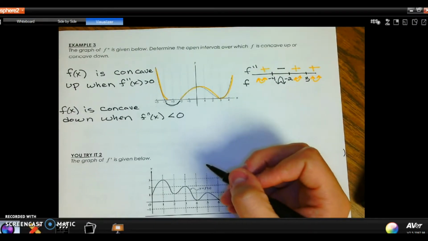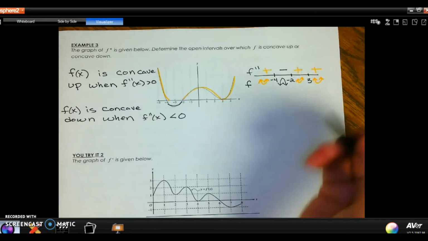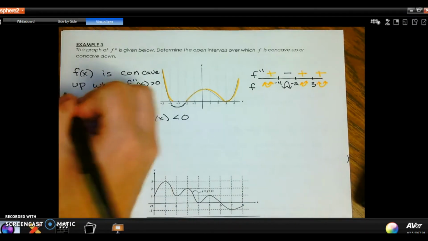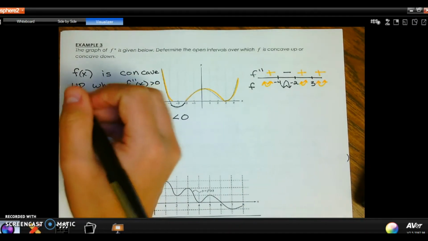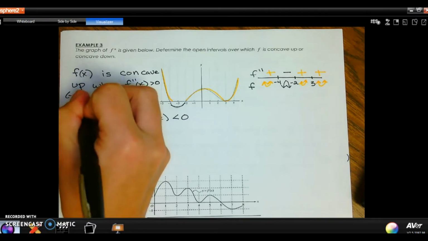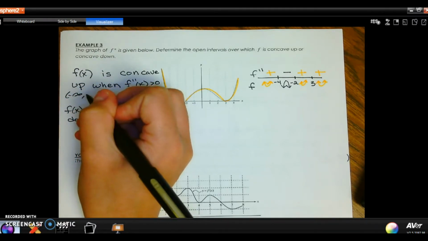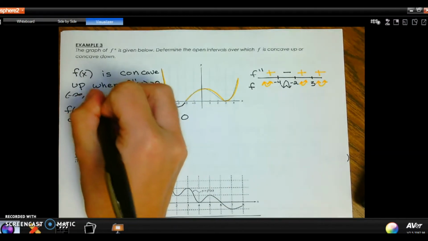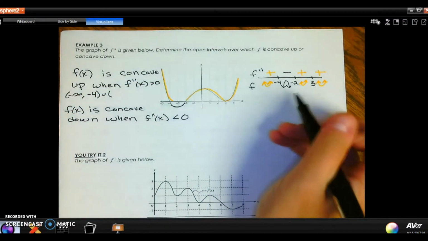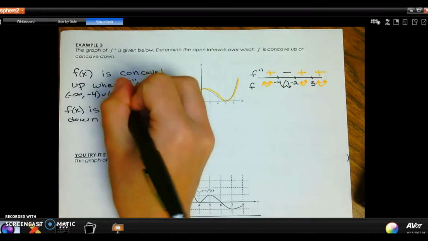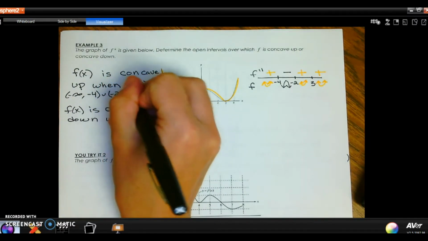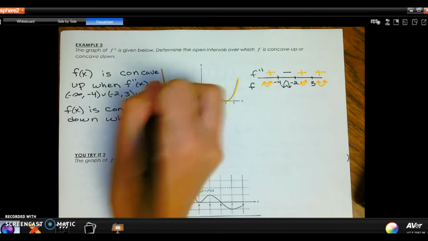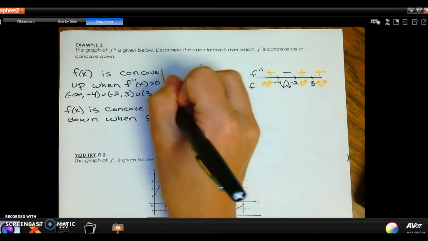So in this case, I'll fit it underneath there. We're looking at being concave up from -infinity until -4, union, and then it's concave up again from -2 to 3, union 3 to infinity.